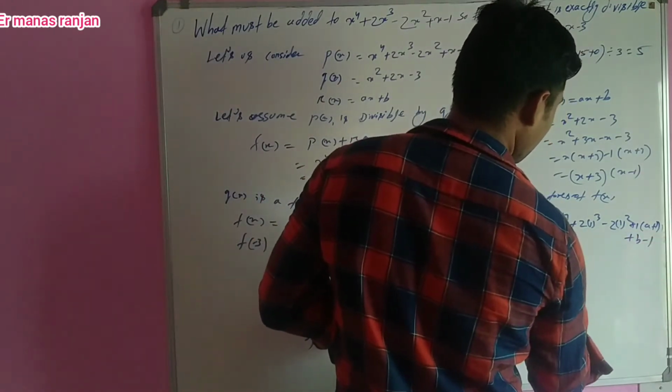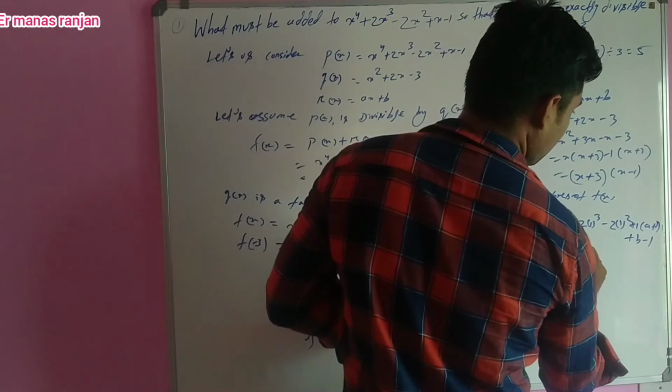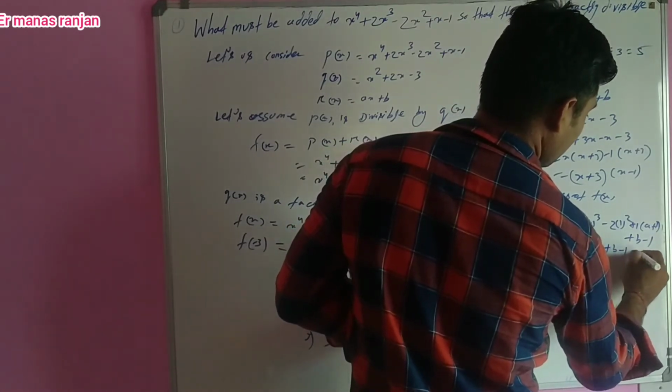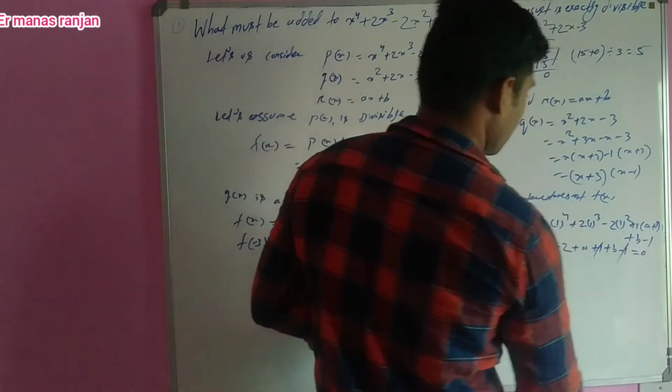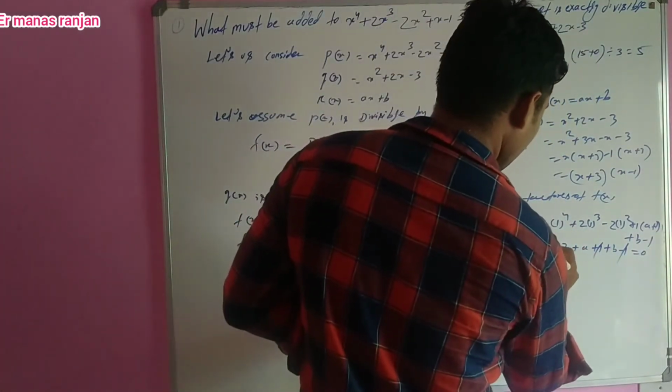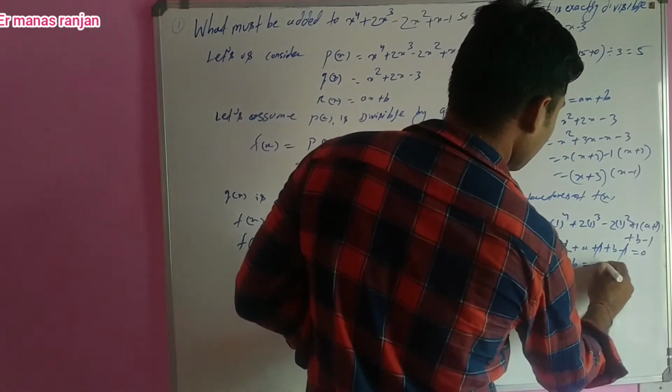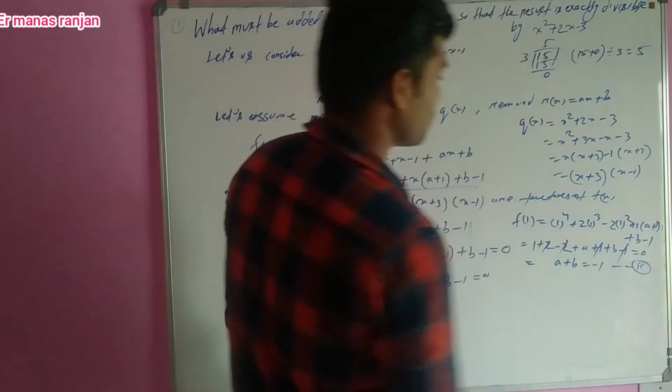It will be 1 + 2 − 2 + a + 1 + b − 1 = 0. Plus 1 minus 1 cancel, plus 2 minus 2 cancel, so a + b = −1. This is equation 2.